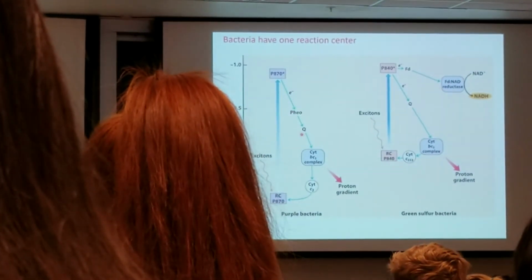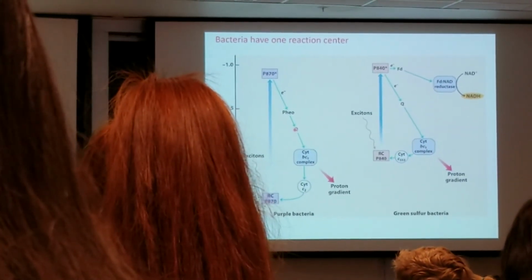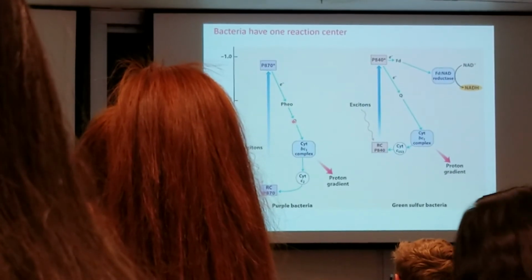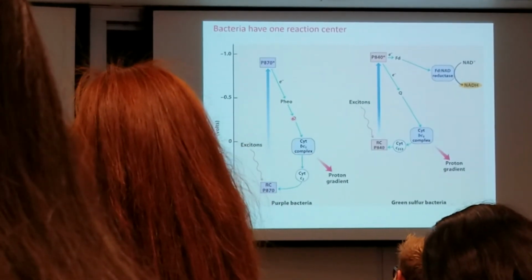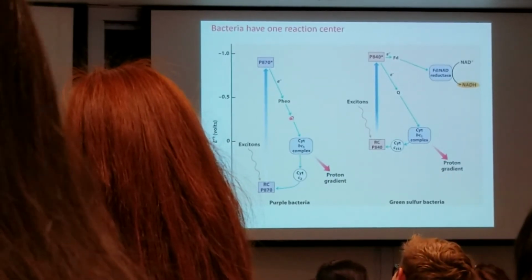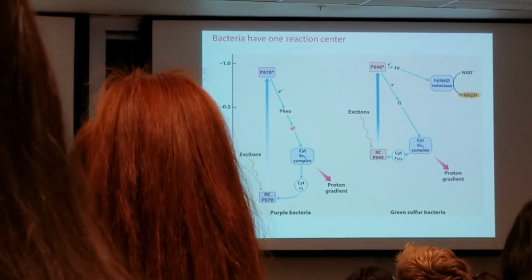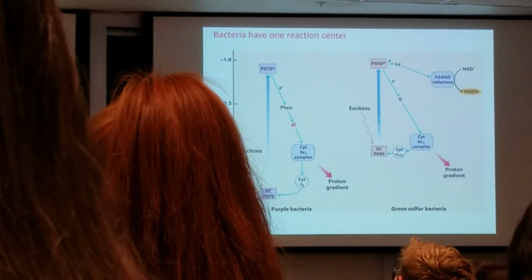That goes to a friend of yours. What's Q? Coenzyme Q. It's the same Q that we see in the mitochondria. Same molecule. Not a big surprise because we think bacteria were the beginnings of mitochondria.